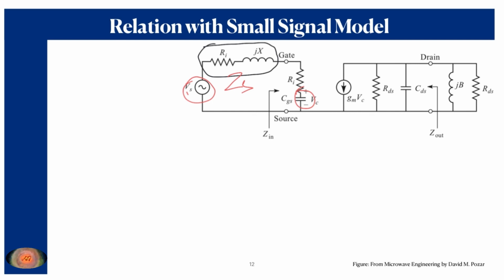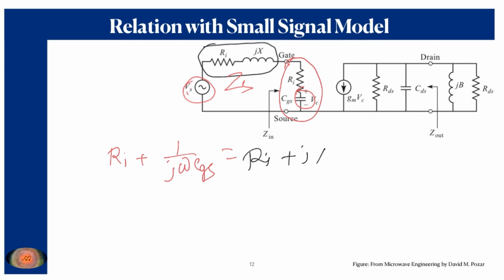From this figure, you can see that the impedance across this gate to source terminal is equal to Ri plus 1 over j omega CGS. When there is a conjugate matching, this will be equal to Ri plus jXL, where XL represents the reactive element, which is an inductor.